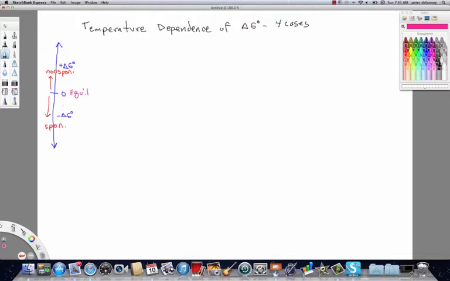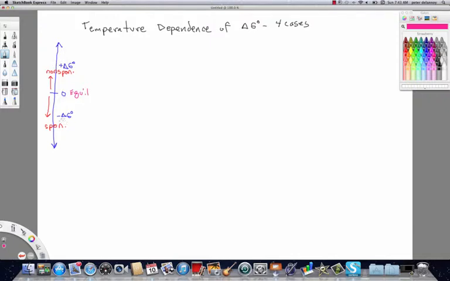And to either side of that equilibrium point, we have delta G's that are either positive or negative. All right. So if we have a negative sign, that means that the process in the direction it's written is going to be spontaneous. If the sign is positive, that means the process is going to be non-spontaneous.